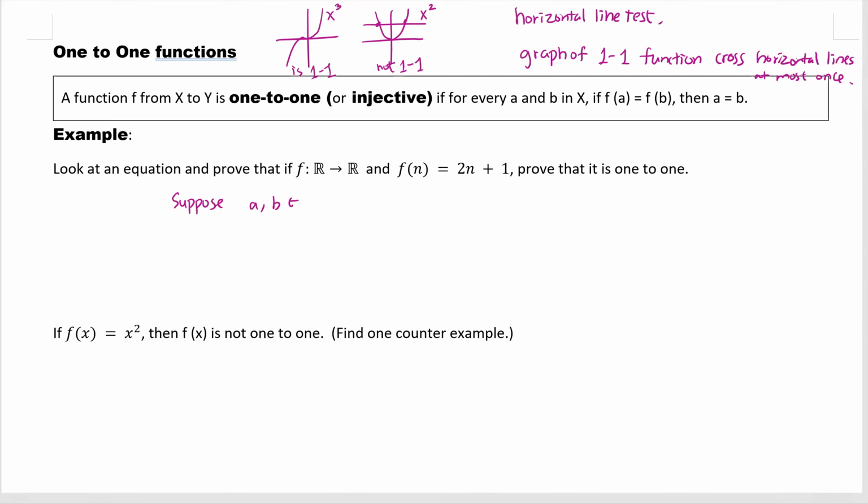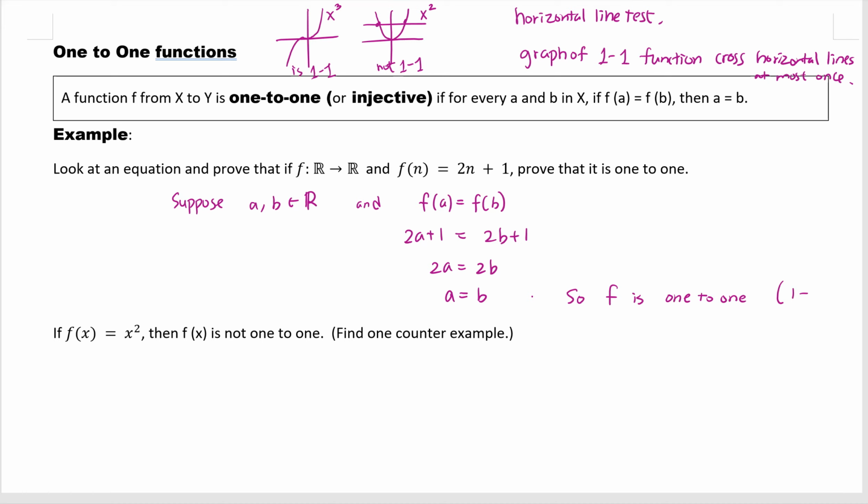Then 2a plus 1 equals 2b plus 1. Subtract 1 from both sides, then we have 2a equals 2b. Dividing both sides by 2, we have a equals b. If we can show a equals b, then we can say f is 1 to 1. So far, so good, everybody.